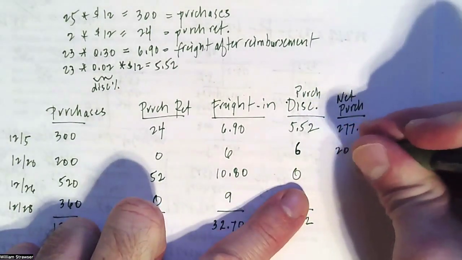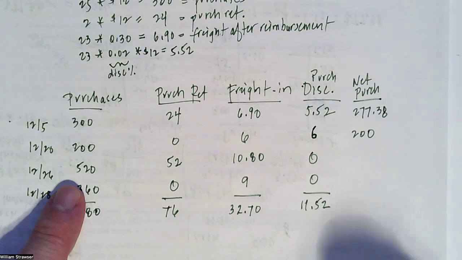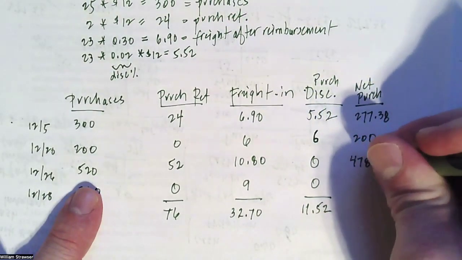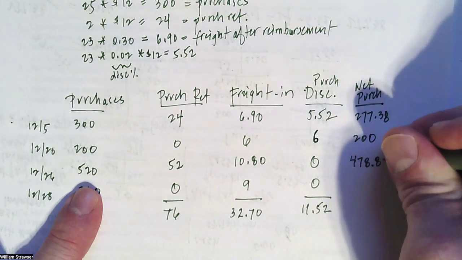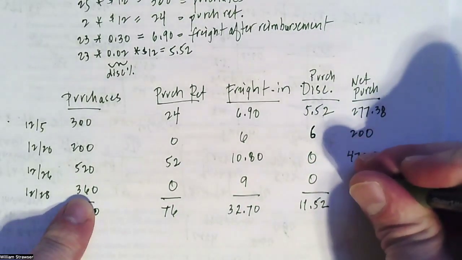So it just reduced down again to 200. 520 minus 52 plus 10.80 and 0, 478.80. And 360 plus 9, 369.